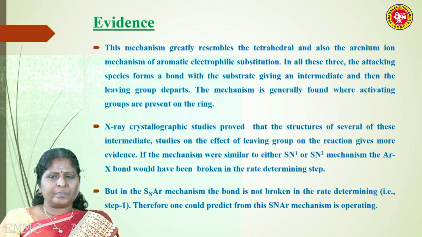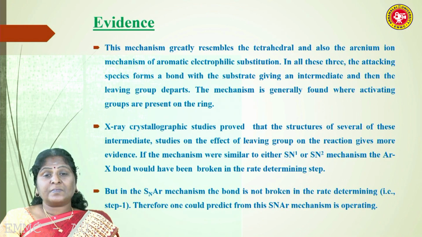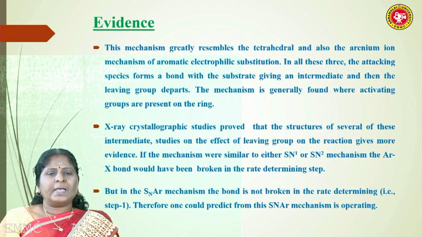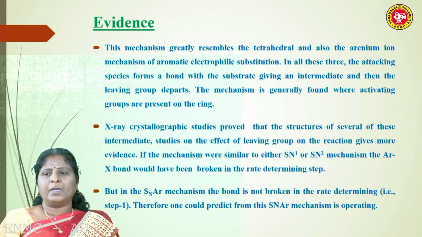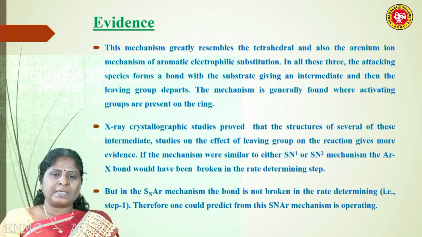If the mechanism were similar to either the SN1 or SN2 mechanism of aliphatic substrates, the Ar-X bond would have been broken in the remaining step. But in the SN-AR mechanism, the bond is not broken in the remaining step. Therefore, one could predict that the SN-AR mechanism is operating.